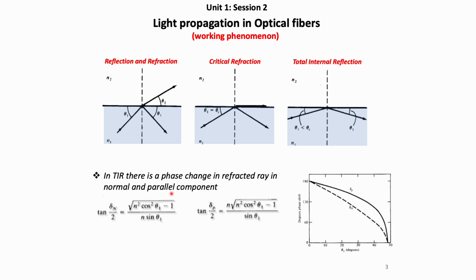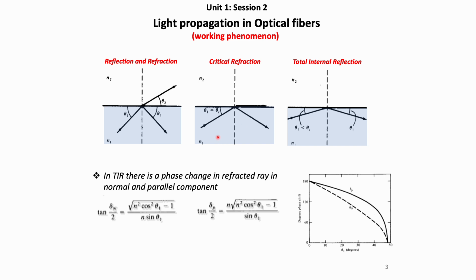Once we know about refraction and the critical angle, the important phenomenon is total internal reflection. Most fibers work on the principle of total internal reflection. The light is reflected completely inside the fiber, and only then does the propagation become highly efficient.